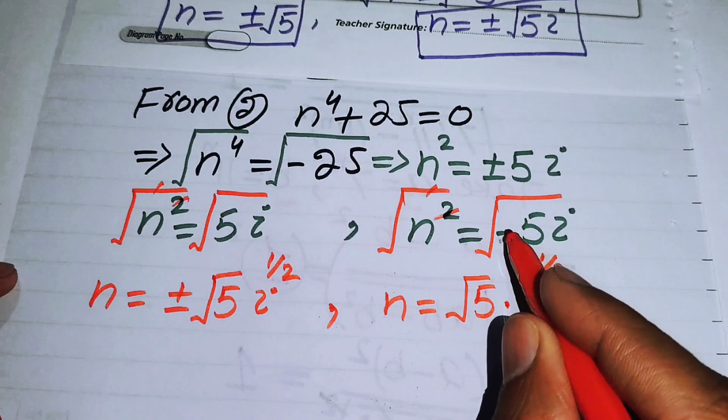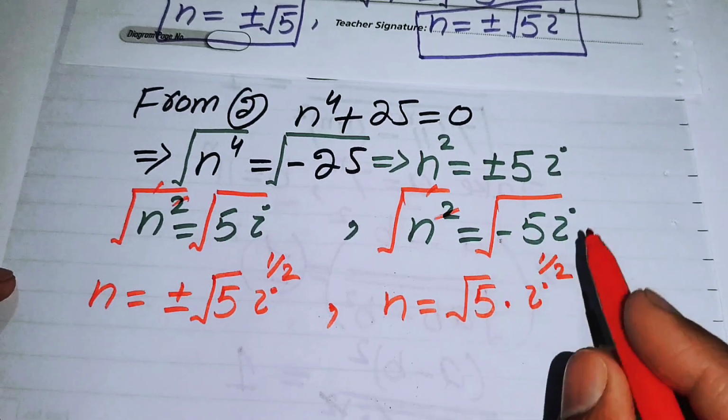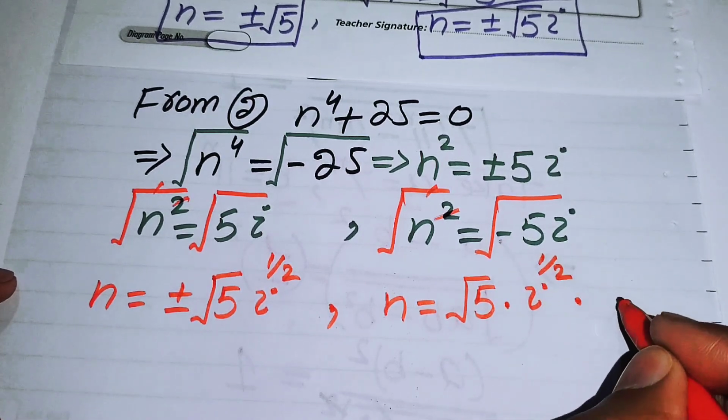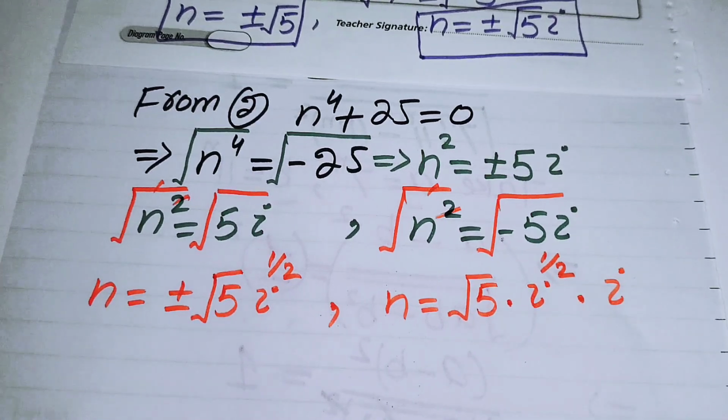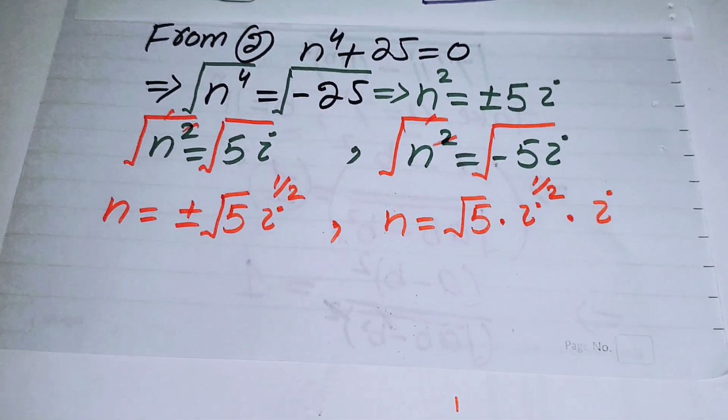Similarly in the other case we get n equals square root of 5 into iota to the power of 1 over 2, and we have again a minus sign under the square root, which we write as iota. Now we need a little bit of simplification to reach the final answer.